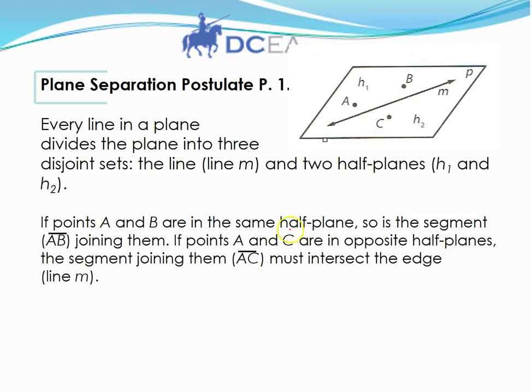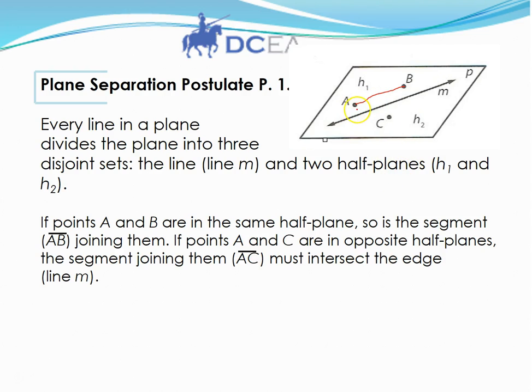If points A and B are in the same half plane, let's take a look at them. So is the segment AB joining them. If we join together point A and point B, the line segment that's created lies on the half plane H1.